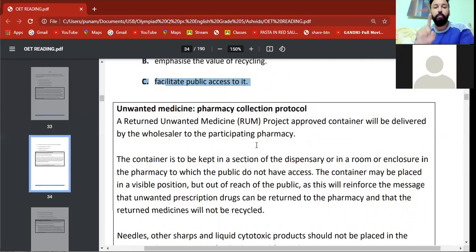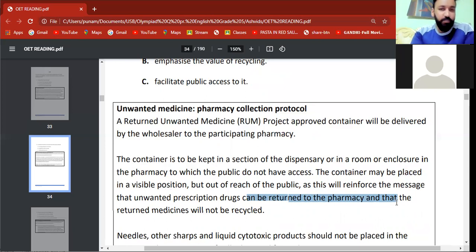Visible position, but out of reach of the public, as this will reinforce the message that unwanted prescription drugs can be returned to the pharmacy and that the returned medicines will not be recycled. So the B should also be struck off.